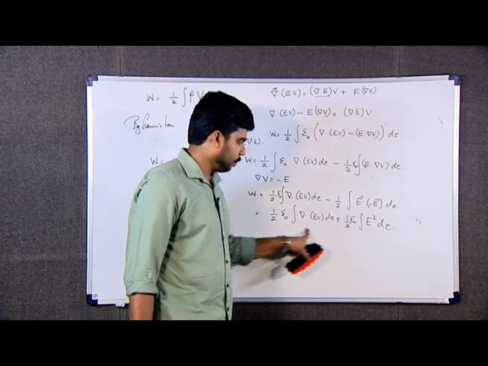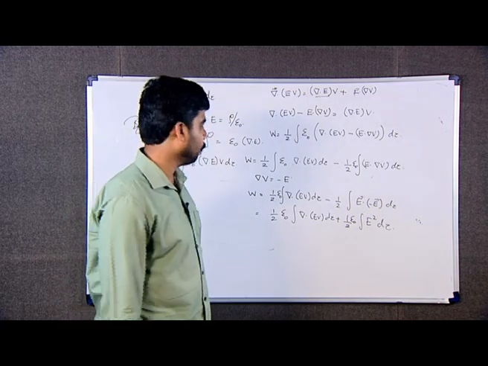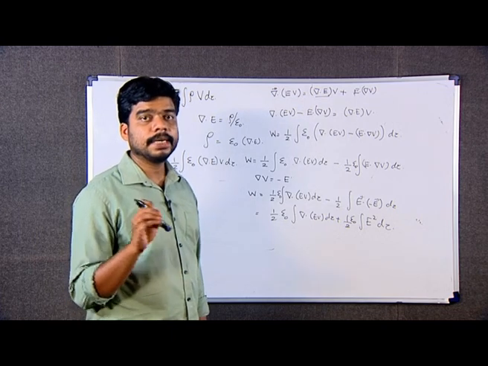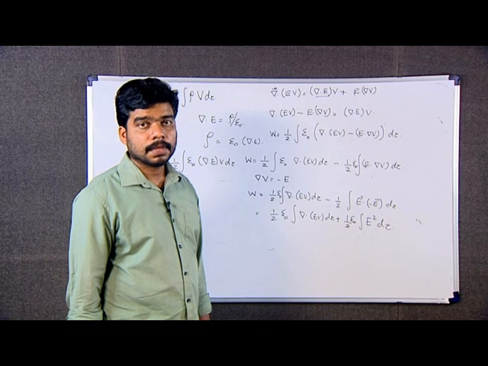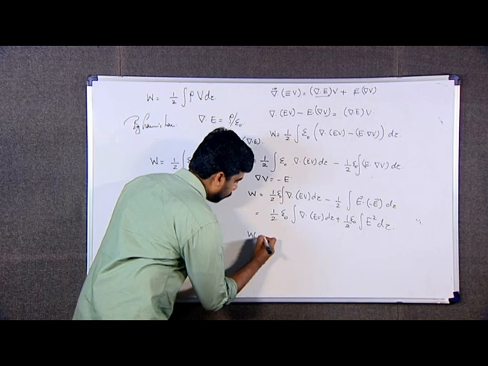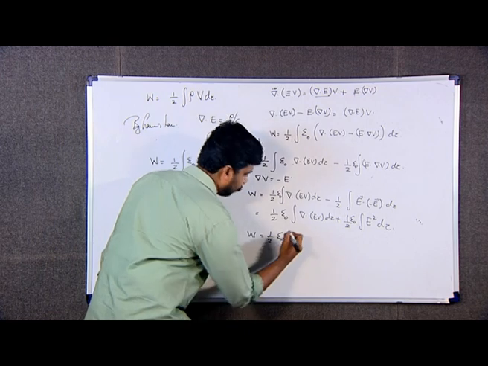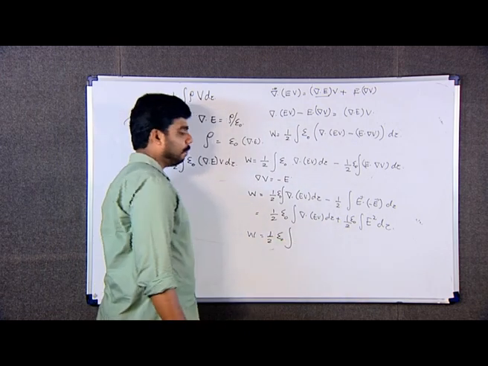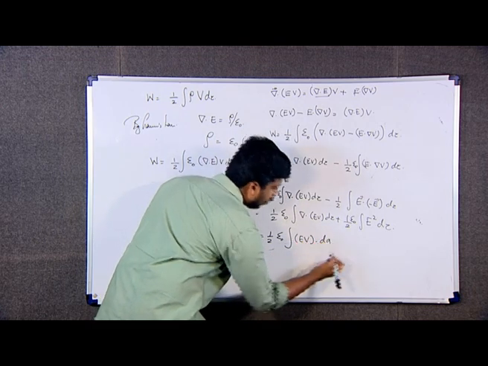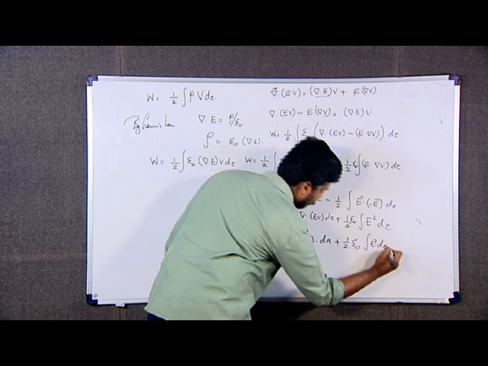What about the first term, del dot (E V) d tau? I can apply Gauss's divergence theorem here. Then W becomes half epsilon 0 times the surface integral of E V dot dA, plus half epsilon 0 integral E square d tau.